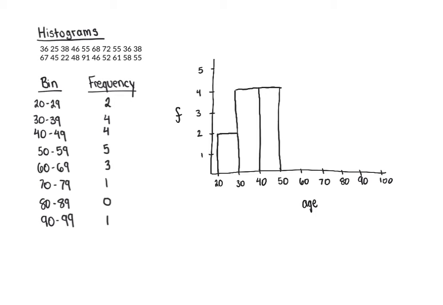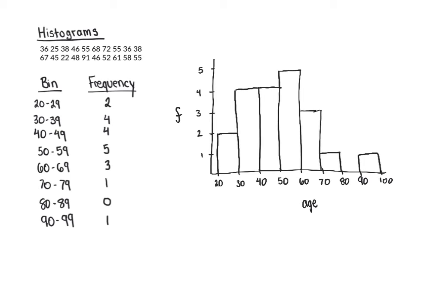For the 50s now, we'll go up to a frequency of 5. For the 60s, we're at a frequency of 3. Next, a frequency of 1. Now here we have a frequency of 0, so we won't draw anything in. And for the 90s, we again have a frequency of 1.